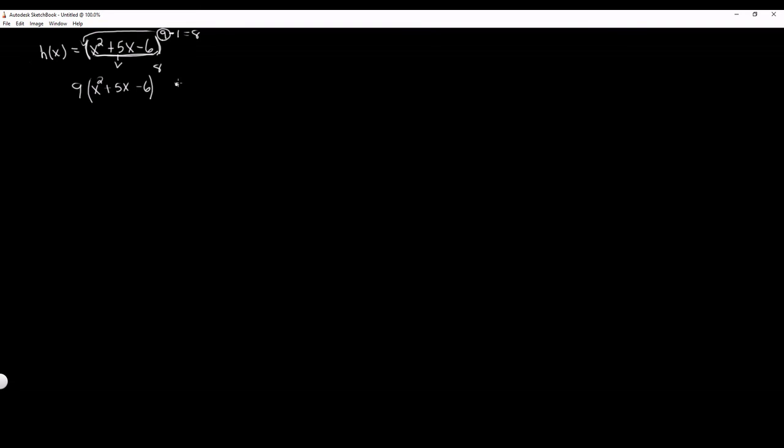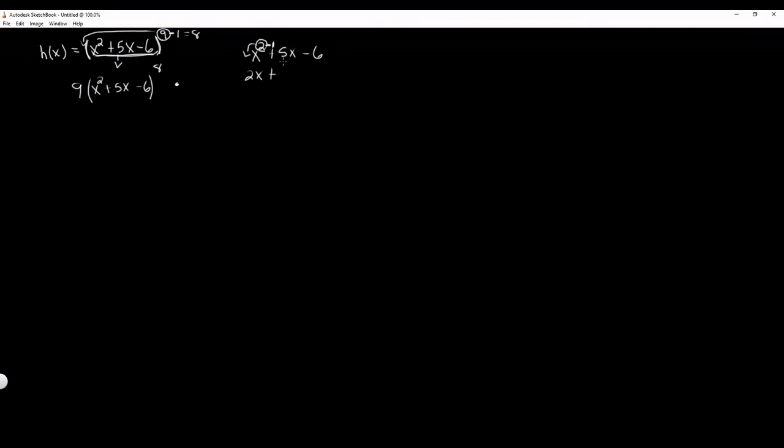And then we need to multiply it by the derivative of the inside function. And the inside function is x squared plus 5x minus 6. Okay. So to take the derivative of x squared, we use the power rule and take the 2 out in front. So there's going to be 2x to the 2 minus 1, the exponent. So this is going to be just 2x.